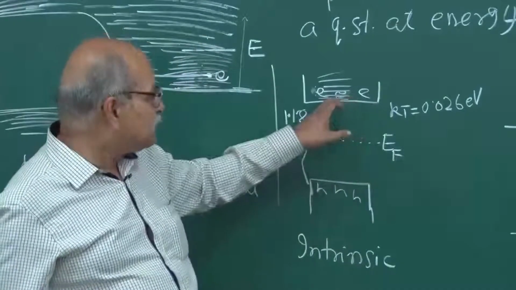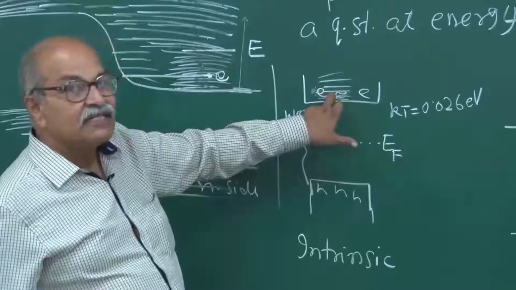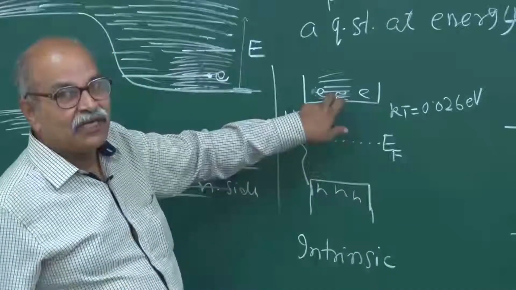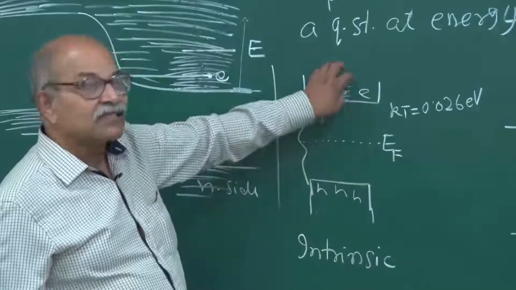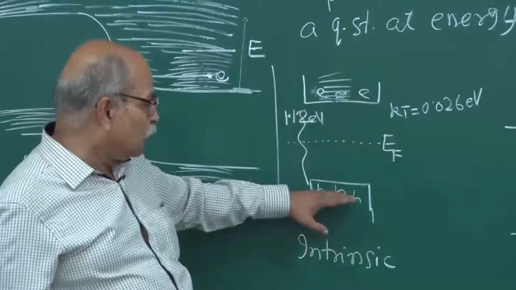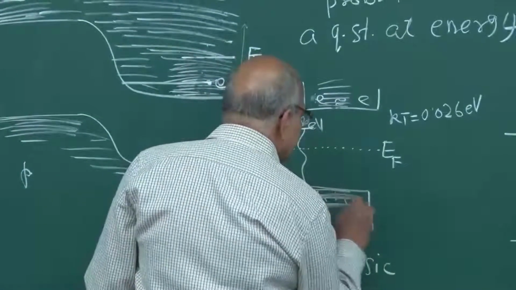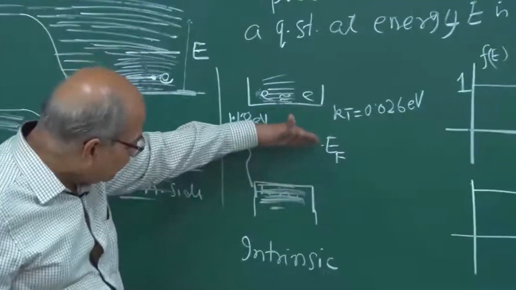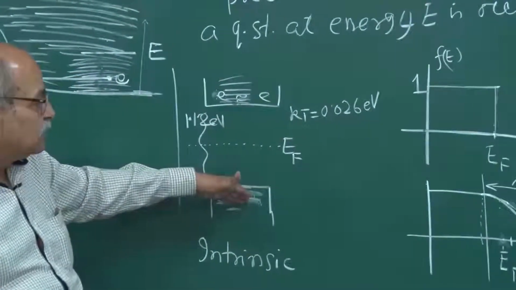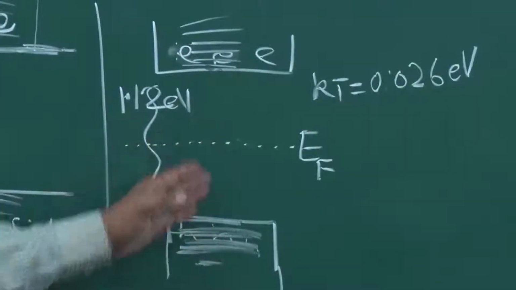Therefore the probability that an electron will be in this quantum state is very, very small, which is why only a very small number of electrons are able to reach here. And for holes, once again, this is much below EF, so the probability of occupation is very close to 1.